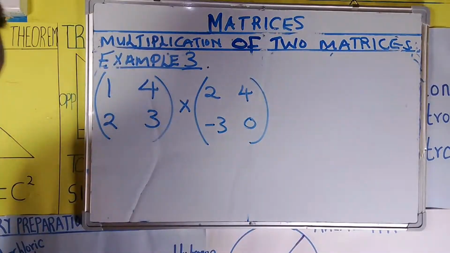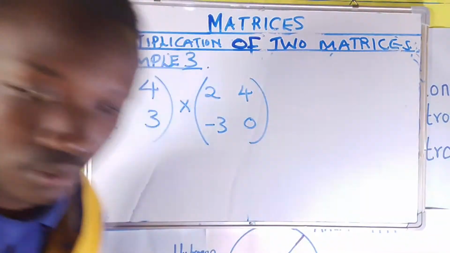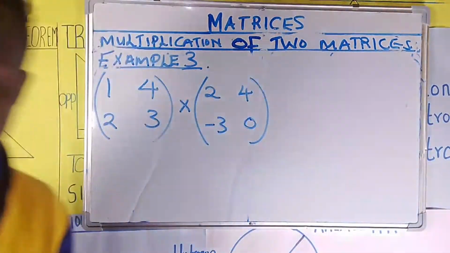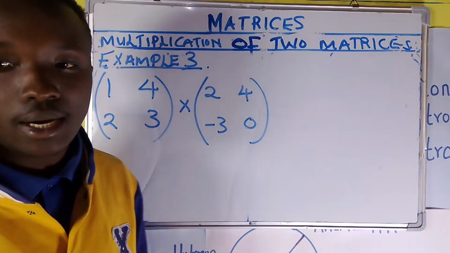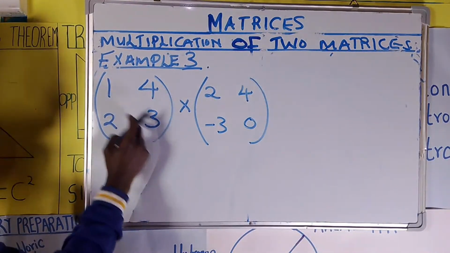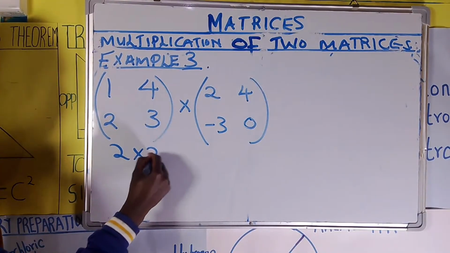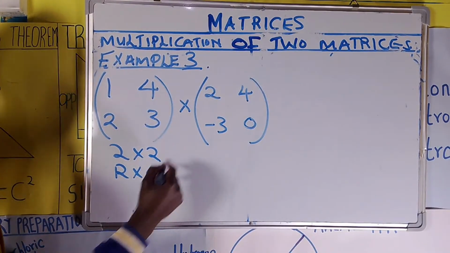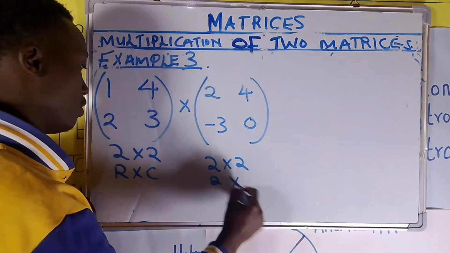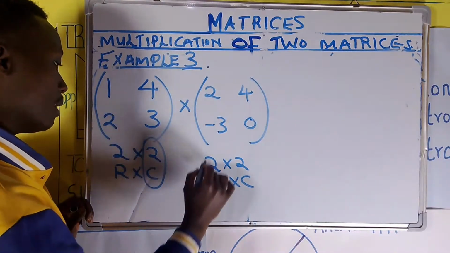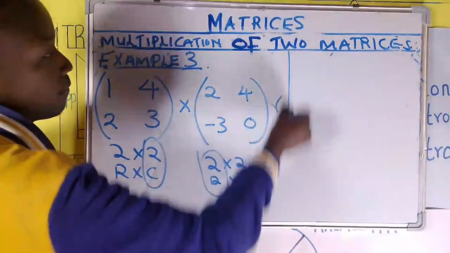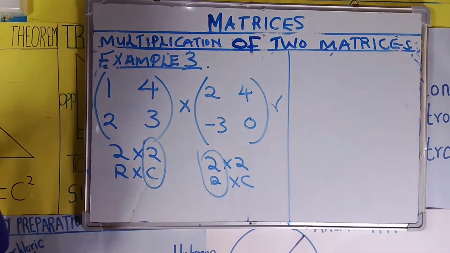For such a matrix, we said the first thing we look at is the order. This one is a 2 by 2 matrix, so the order is 2 by 2, that is row by column. This one also is 2 by 2. So we have 2 columns there and 2 rows there, so we can multiply that matrix.